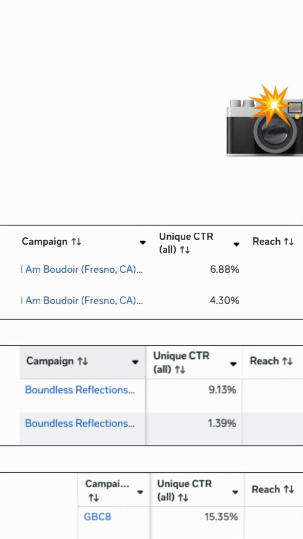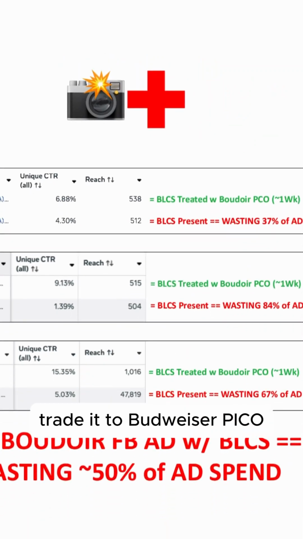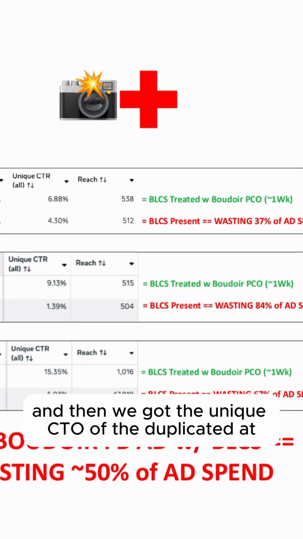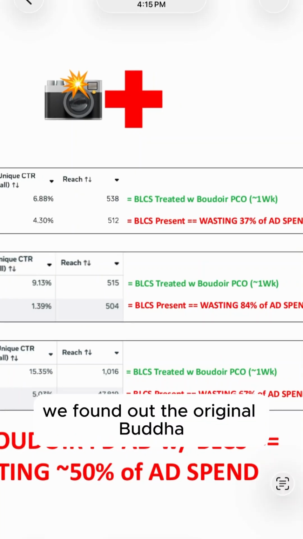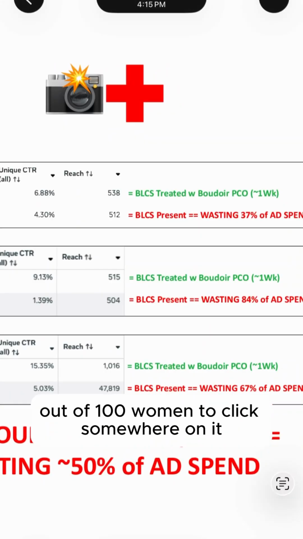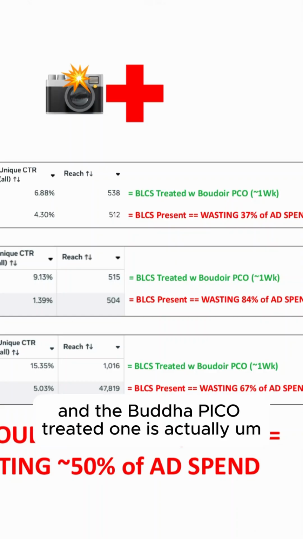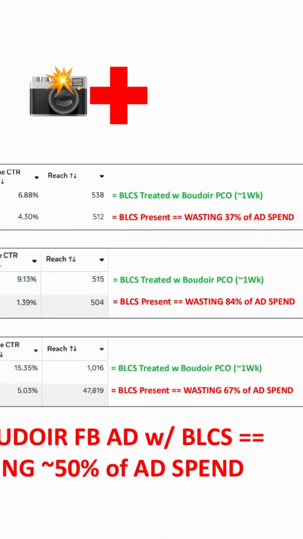So I duplicated it, treated it with Boudoir Pico, which takes about a week, and we got the unique CTR of the duplicated ad to 6.88%. So way better. We found out the original Boudoir Facebook ad is wasting 37% of ad spend by only getting 4.3 out of 100 women to click somewhere on it and get our ad into their brain. And the Boudoir Pico treated one is getting to 6.88 out of every 100 women's brains.